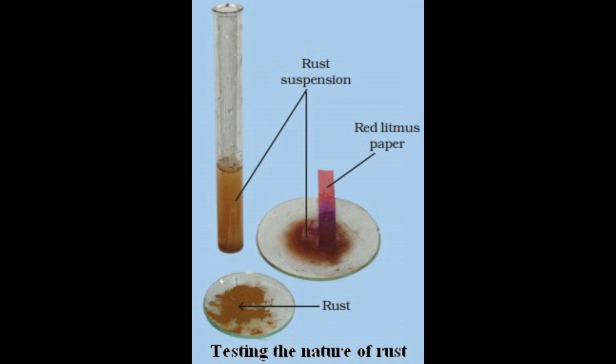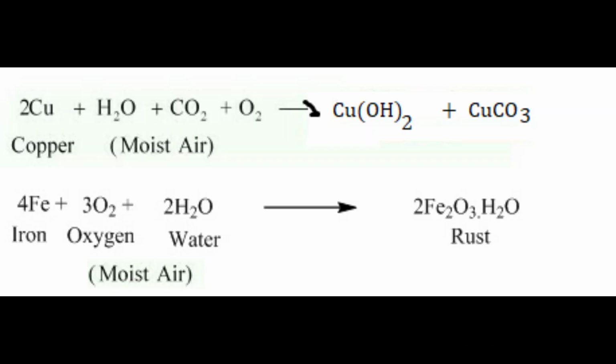Have you ever seen copper also get rusted? Yes, I can see greenish deposits on the surface of copper vessels. When the copper vessel is exposed to a moist atmosphere for a long time, it acquires a dull green coating. The green material is a mixture of copper hydroxide and copper carbonate.